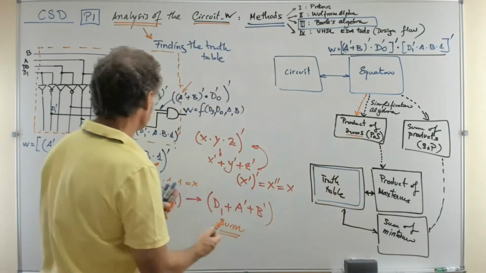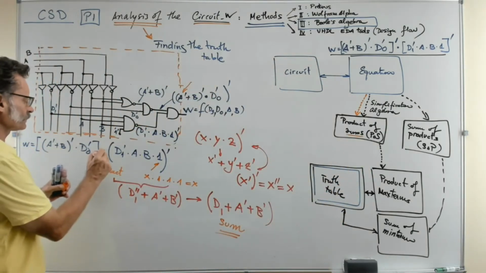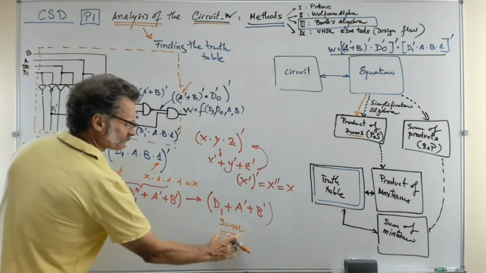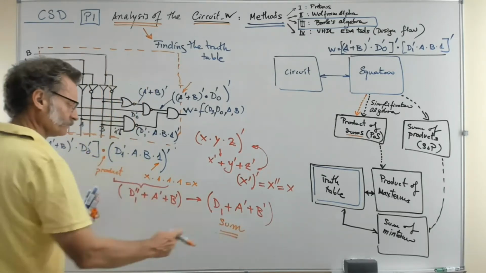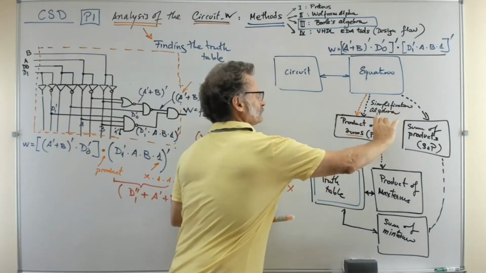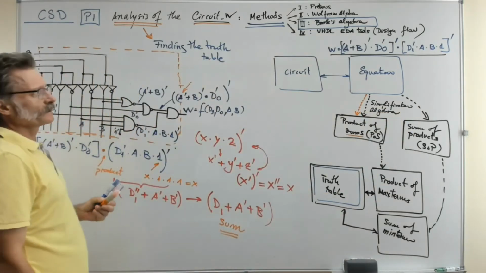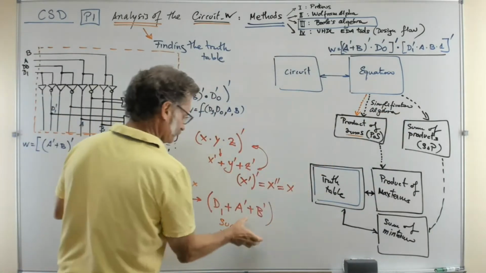So in some way, you are going to this way, a product of sums. Now you have one of them. This is a sum. All right? I mean, reaching to this point, that's the direction where you are going to. So this is the first sum that you've got.